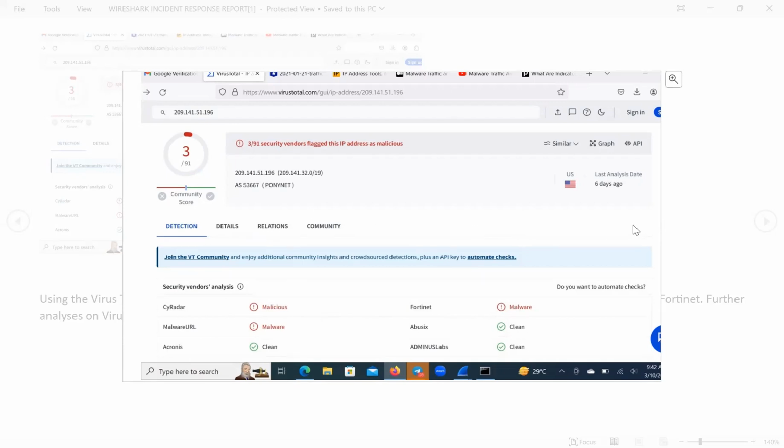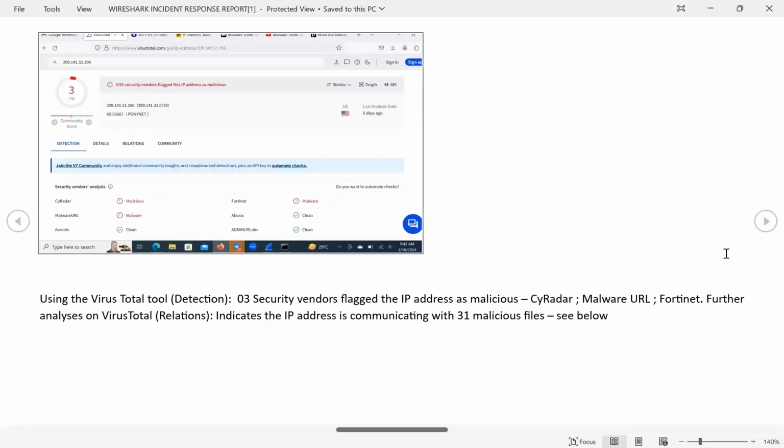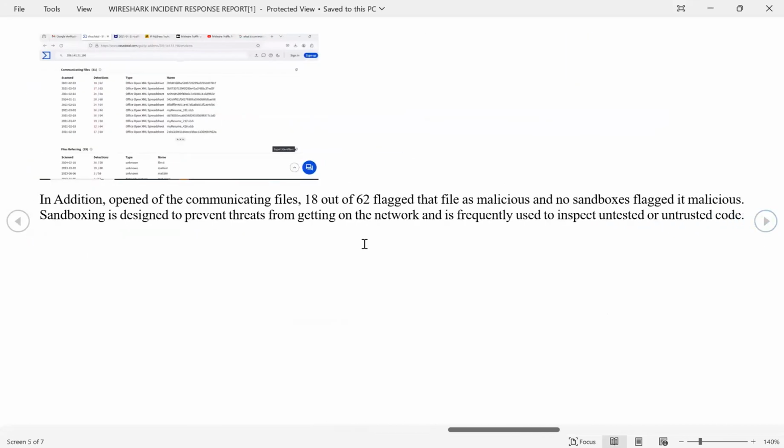You remember? There was a time we did one, and it tells you how many files it has been communicating with. So I went to relations, and I saw that it's actually communicating with some other files. If you check, 31 different files, and when you look at those 31 different files, I chose to open one of them, and it was actually malicious. Yes, we saw that on Monday.